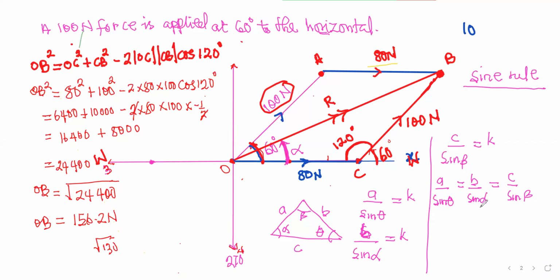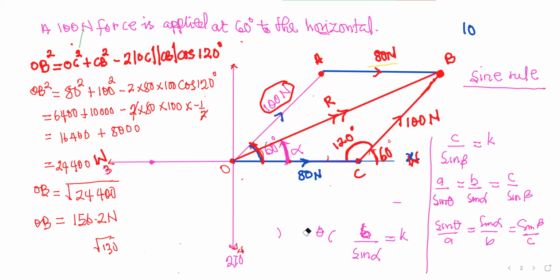Please note that it is also the same as sine theta over A, which is equal to sine alpha over B, and sine beta over C. This is the sine rule. Class, are we okay? So let's quickly apply the sine rule to find our interior angle.